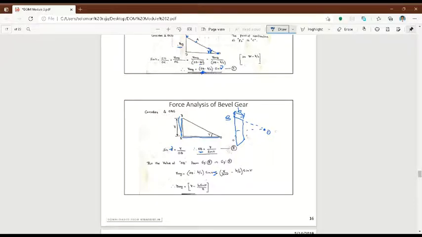If you bring sine gamma inside, we already have R by sine gamma, and then B into sine gamma divided by 2. So this sine gamma and this sine gamma cancel each other. Finally, R average will be equal to R minus B sine gamma divided by 2.